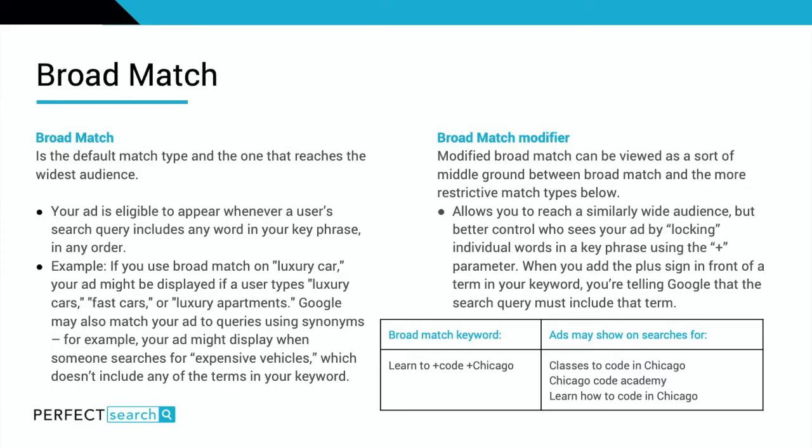cars. You can go a little further with broad match by taking it to broad match modified, which is denoted by a plus sign in front of the keyword. And basically all that does is it locks that keyword in and tells Google that this keyword or part of the keyword must be in the search query in order for our ad to show.